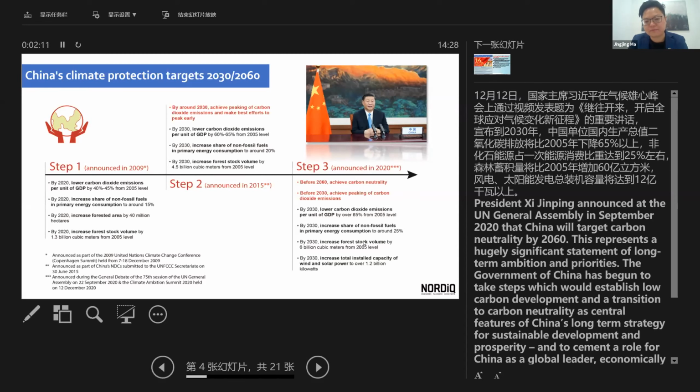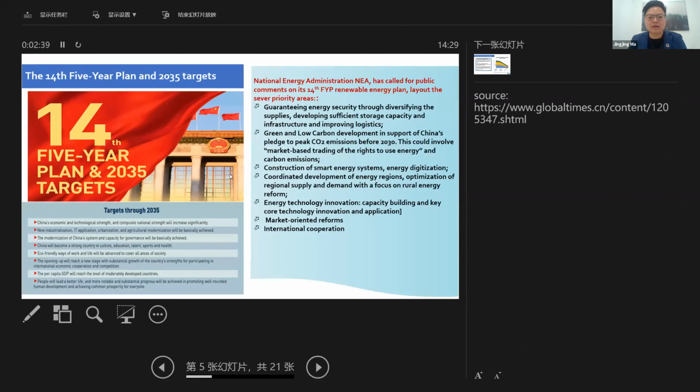And we will also double our non-fossil fuel primary energy consumption, and triple our national forest stock volumes by 2030 on the carbon sink strategy. And lastly, our wind and solar power will be doubled since the latest version announced in 2015. This means a lot for the overall Chinese energy structure and also the water structure, green transition.